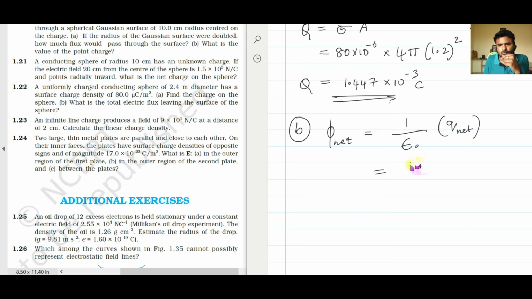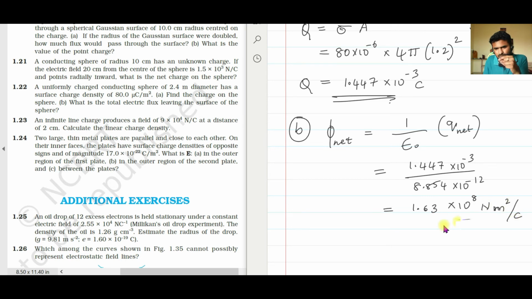It is 1.447 into 10 to the power of minus 3 divided by 8.854 into 10 to the power of minus 12. Upon simplification we get 1.63 into 10 to the power of 8 Newton meter square per coulomb. So that is our answer for sub question B.